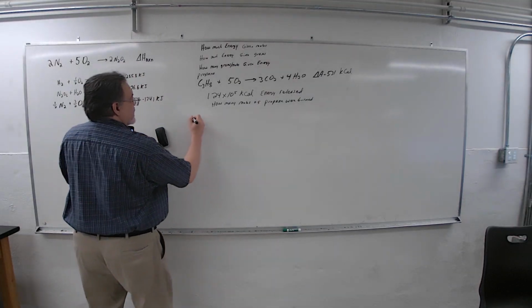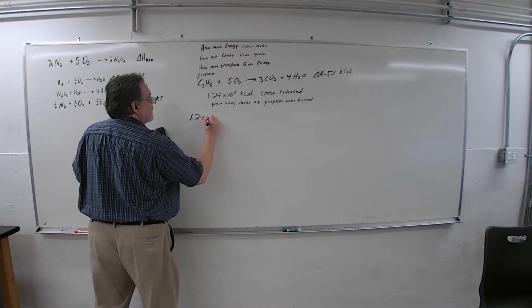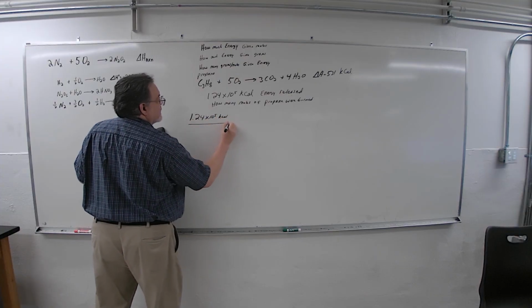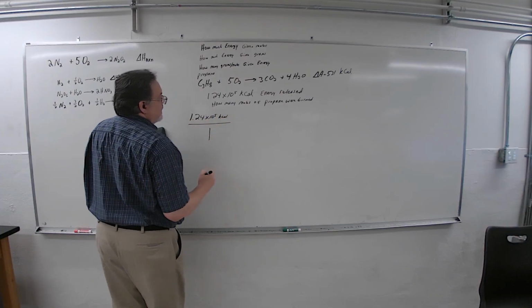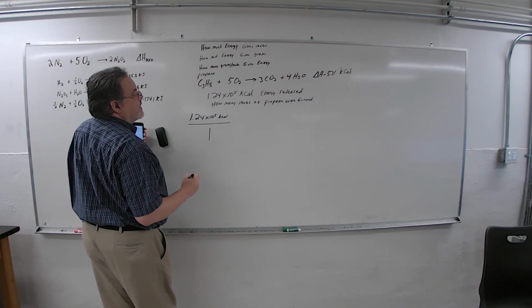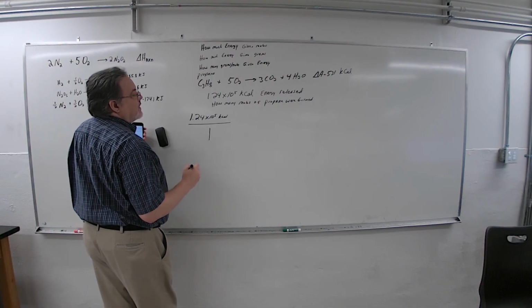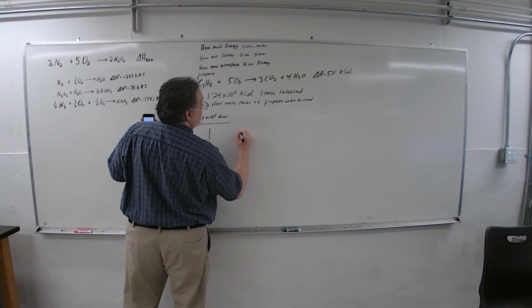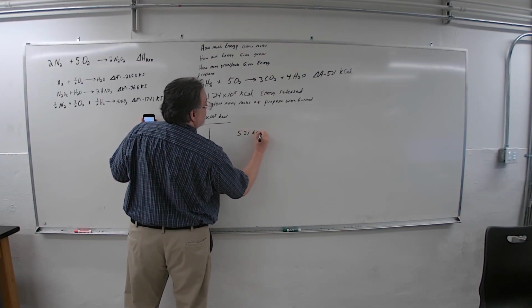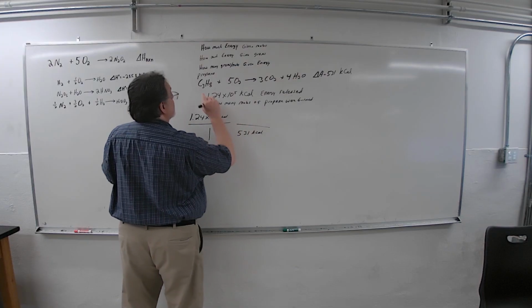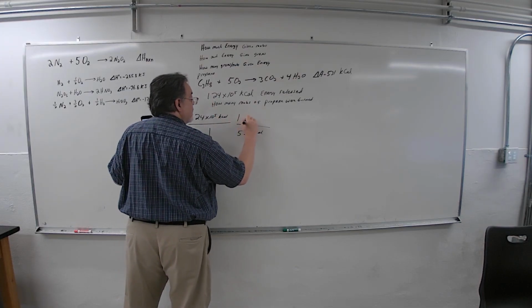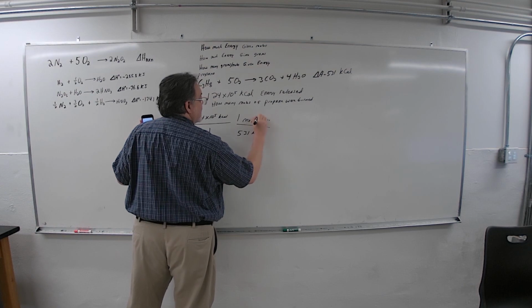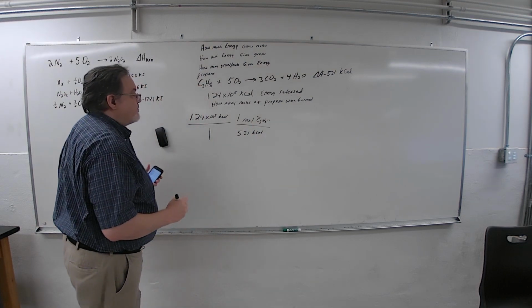So in this case, you're going to go 1.24 times 10 to the 5 kilocalories are burned. And then 531 kcals to 1 mole C3H8, which is propane.